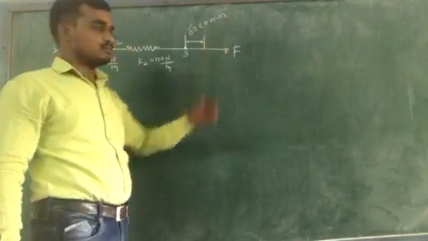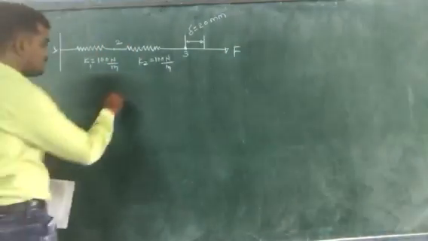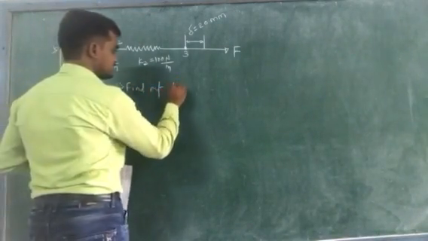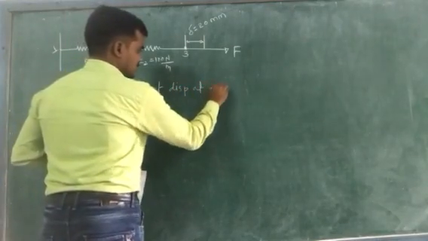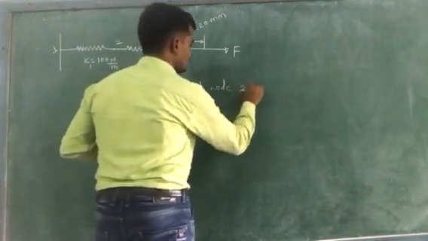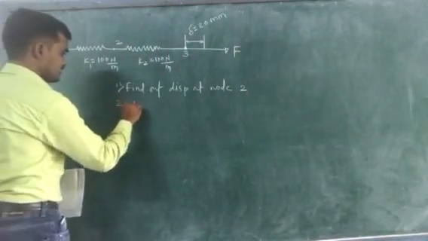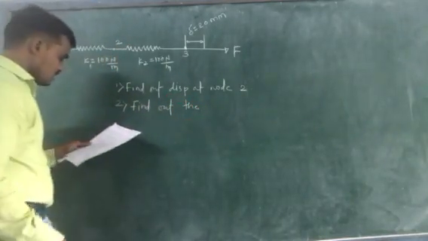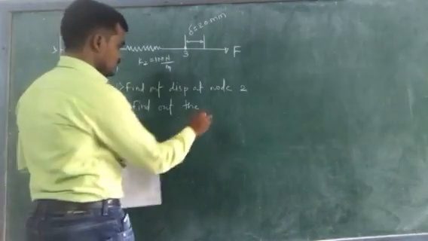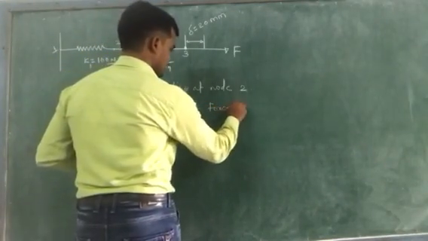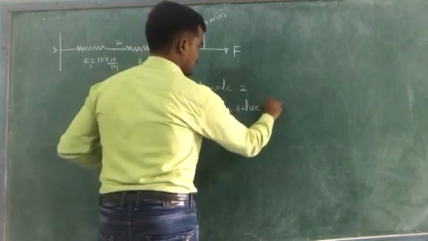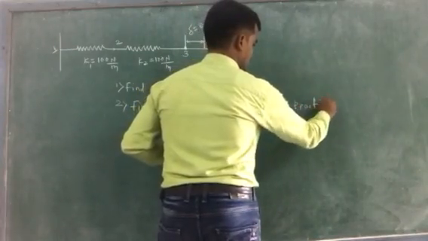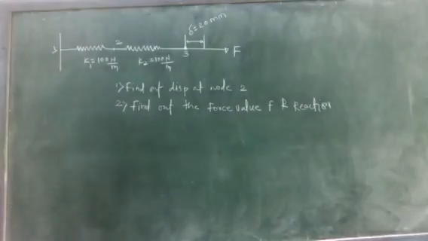The third node is displaced by an amount delta equal to 20 mm. The question is: first, find out the displacement at node 2, and second, find out the force value F and the reaction.